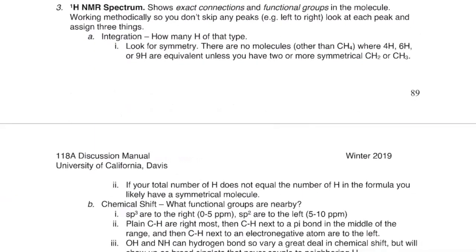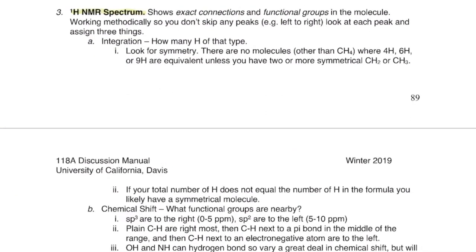And then when we go to the proton NMR, even though we haven't started, we kind of have an idea of what kind of functional group we are looking for. And we also know there's a table or a chart of where each functional group should lie in proton NMR. So that's kind of where you should get started. Here is the stepwise procedure of Professor Sarah Levens, because I told you Sarah Levens basically writes the whole discussion manual.